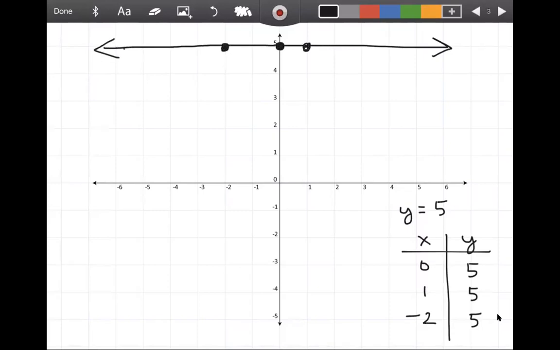All right, so if I remember correctly from the last section, I think the example we went over was x equals -1. That turned out to be a vertical line. And now the line y equals 5 turns out to be a horizontal line. And there is a pattern to that, which we will explore more in the next section or two.